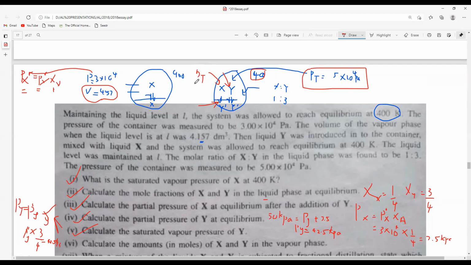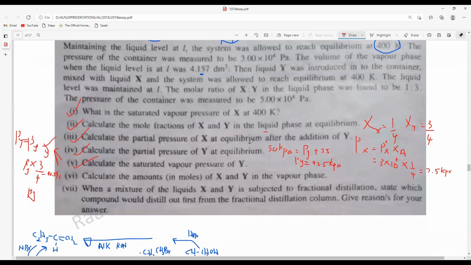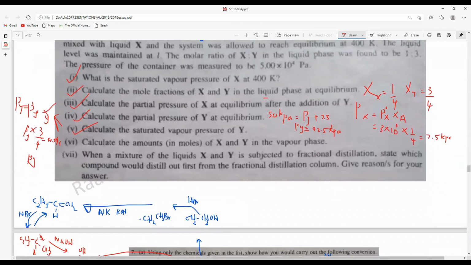And if you know the total number of moles and you know the partial pressure of Px and Py using the Raoult's law, you just have to find the mole fraction and get the number of moles. So it will be a very simple calculation, right? So you can directly find the X and Y by using their partial pressure.